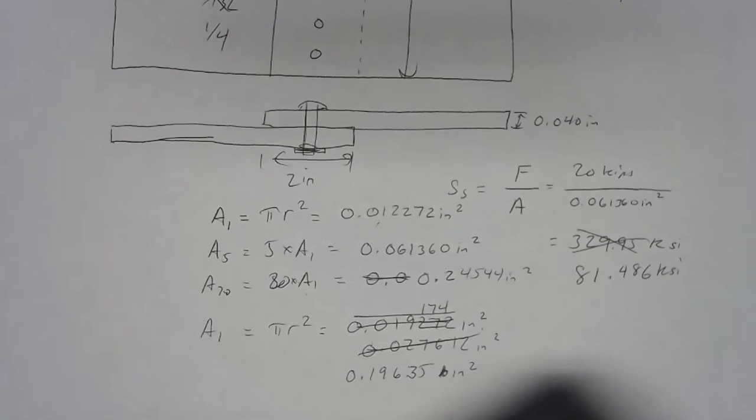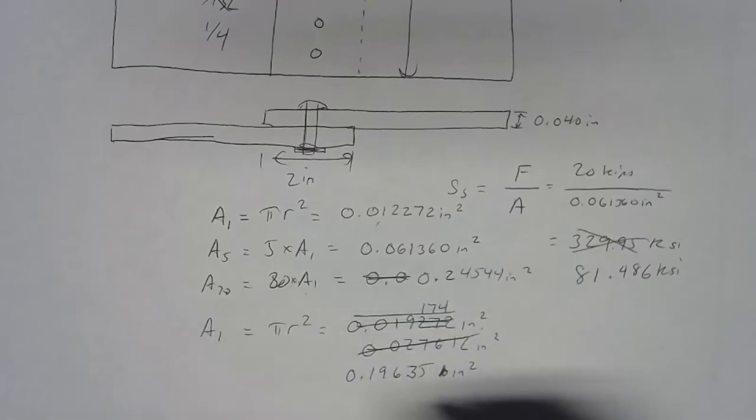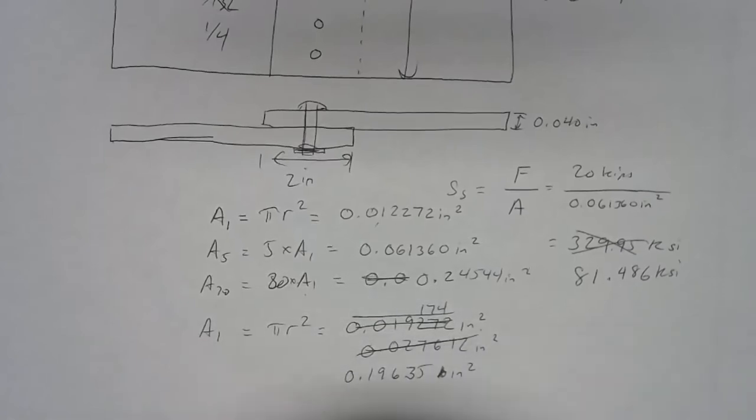Well, let's try 10 of those and see if that'll work. That looks like it might fit within 6 inches. 10 rivets, 1/4 inch diameter each, probably going to be okay with edge distance and pitch there if we do transverse pitch.